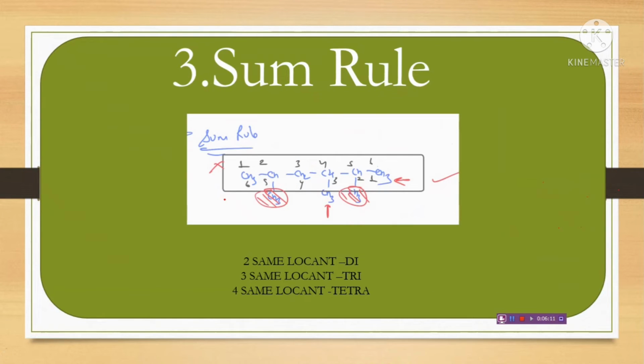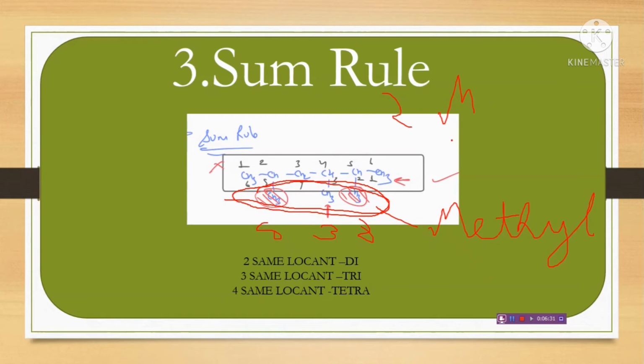Now the sum rule. According to this rule, when we get the same substituent multiple times, we get 3 methyls in this example. Hence, do you think we are going to write 2 is the locant number for this, 3 is for this, 5 is for this? Do you think we are going to write 2-methyl, then 3-methyl, and then 5-methyl?